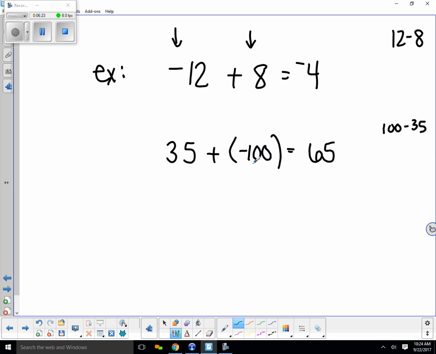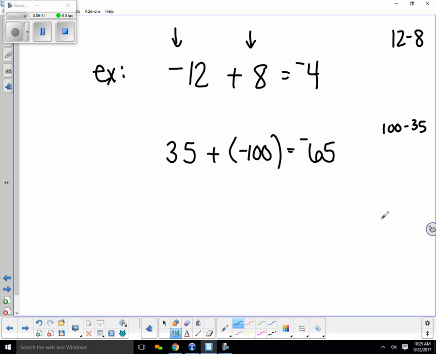And again, which number was larger? The 100 was, so my sign was negative, my answer is negative. 100 minus 35. Okay? Because 100 minus 30 is 70, and take 5 more off, it'd be 65. Okay? Everybody understand what I did?